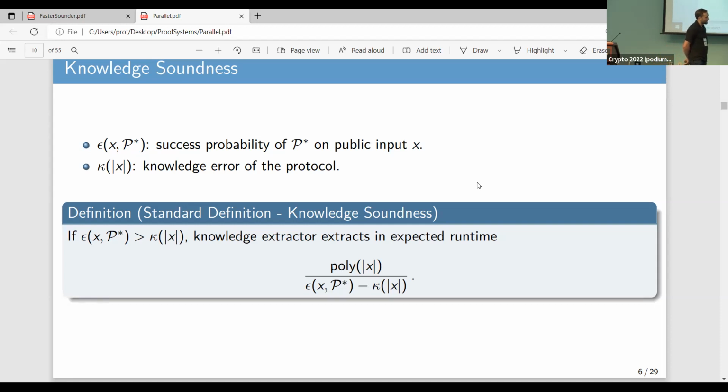Conceivably some extraction strategy would say, in order to extract a witness, I need 2 transcripts with the same A and 2 different challenges C1, C2 that have some structure, for example the difference is a multiple of 2 or something like that. So what goes wrong in your analysis?